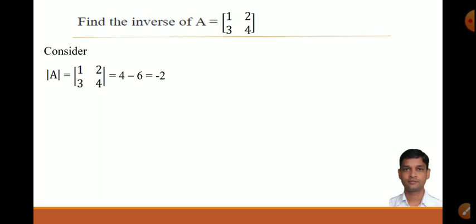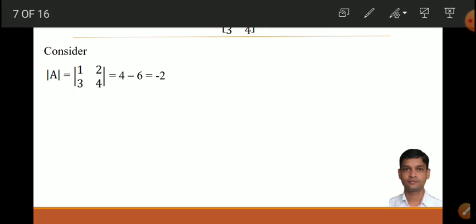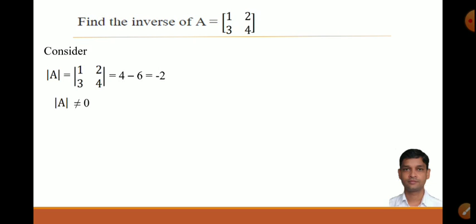So determinant of A is equal to determinant of 1 2 3 4, cross multiply: 1 into 4 is 4, minus 3 into 2 is 6. So 4 minus 6 is minus 2. So minus 2 is not equal to 0. So determinant of A is not equal to 0, which means A inverse exists. So now we can proceed to find the inverse.